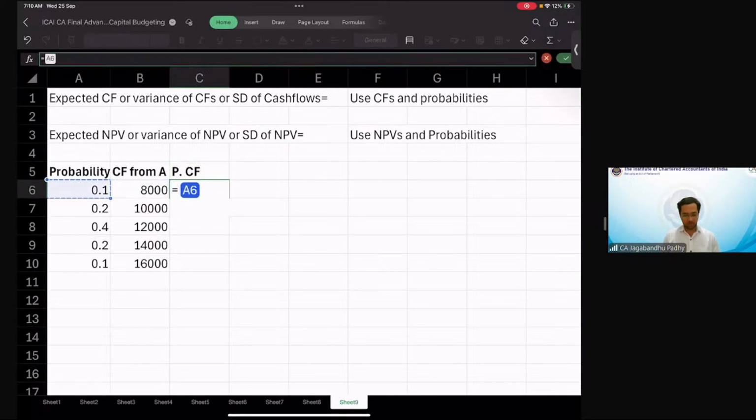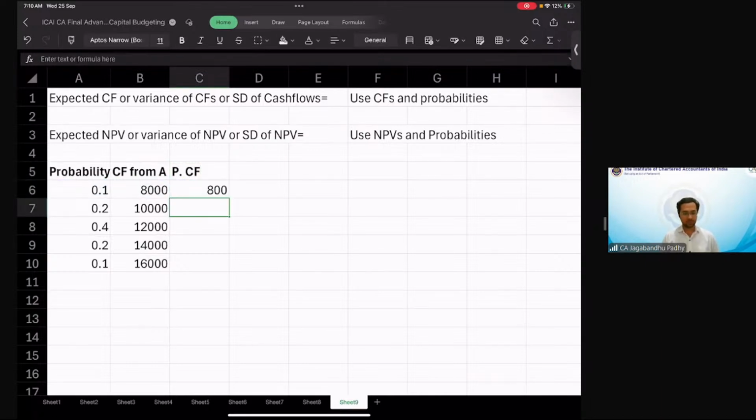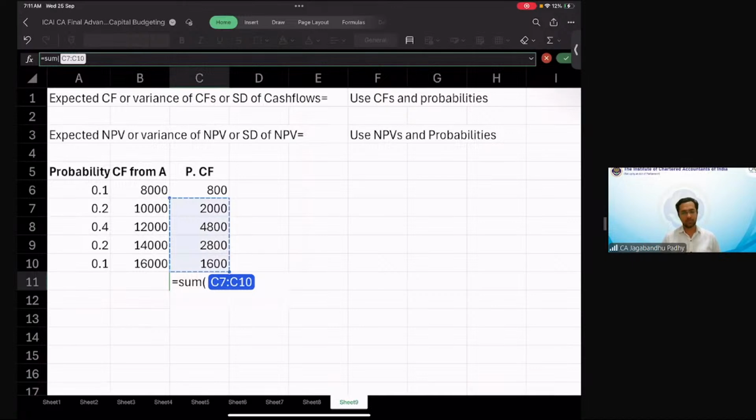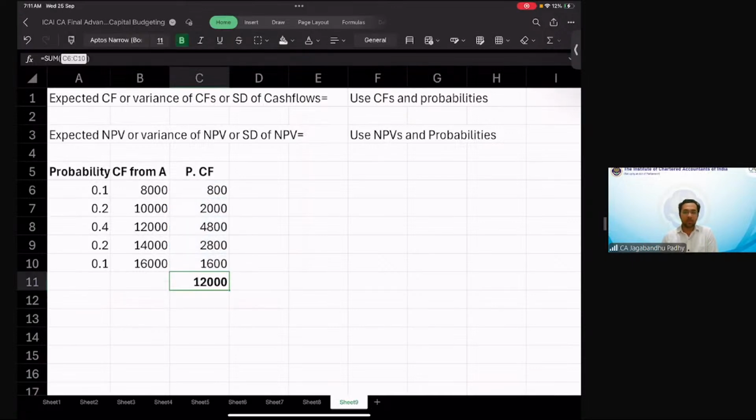So 0.1 into 8,000, 0.2 into 10,000, 0.4 into 12,000, 0.2 into 14,000, and 0.1 into 16,000. We arrive at the expected cash flow by simply taking the total of these. So 12,000 is the expected cash flow.